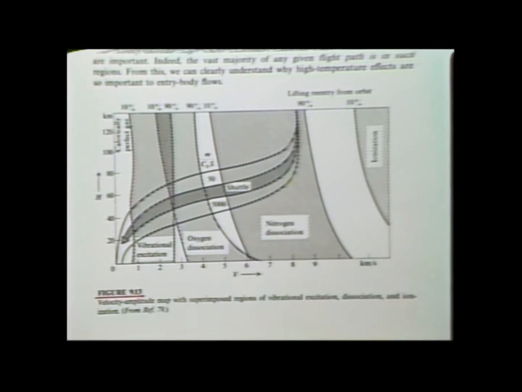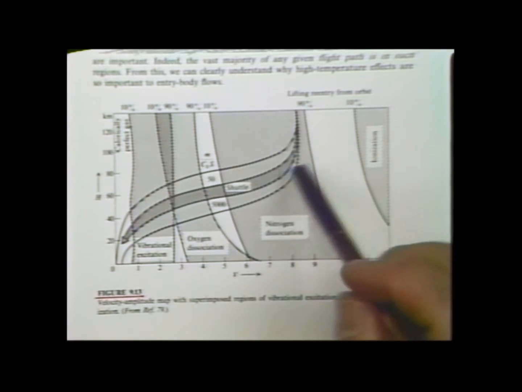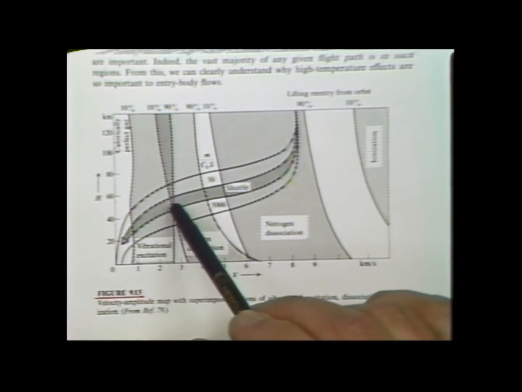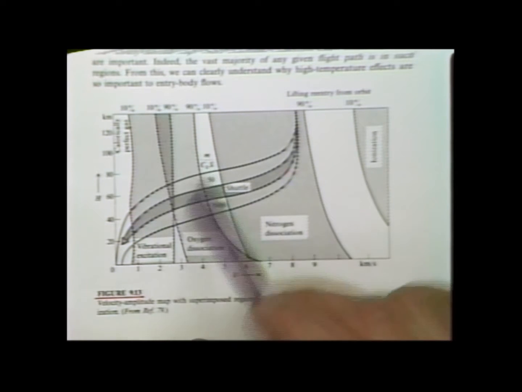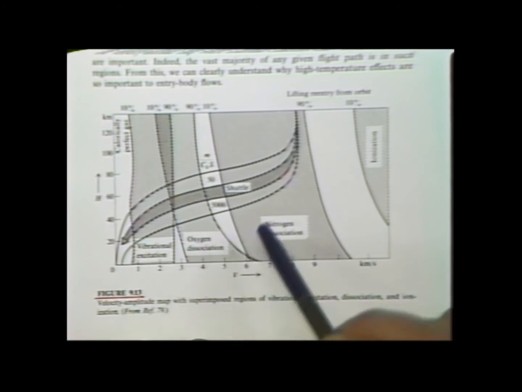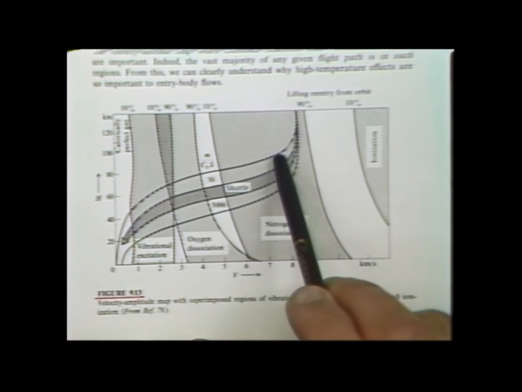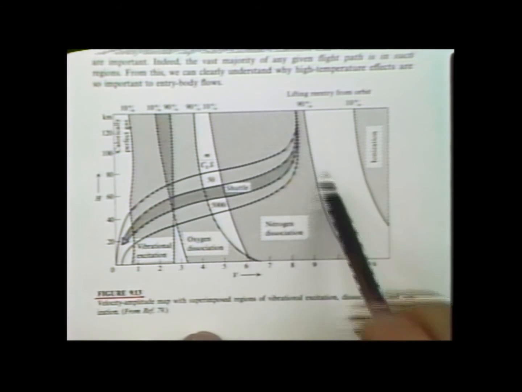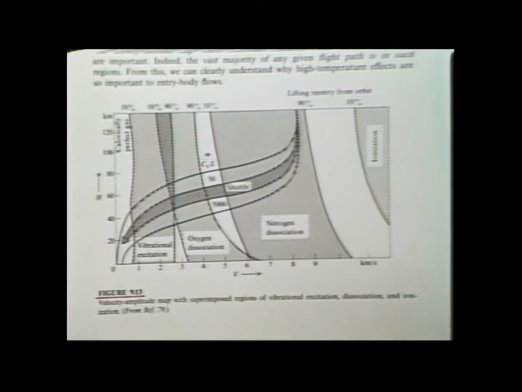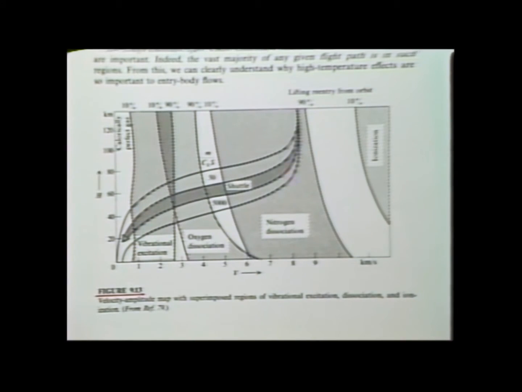So this is one place where nature is really being kind to us by separating out these phenomena. As we go up in velocity, by the time the oxygen is more or less dissociated, the nitrogen comes into play. By the time the nitrogen is more or less dissociated, the ionization comes into play. You can isolate these different bands just due to these different temperature ranges.